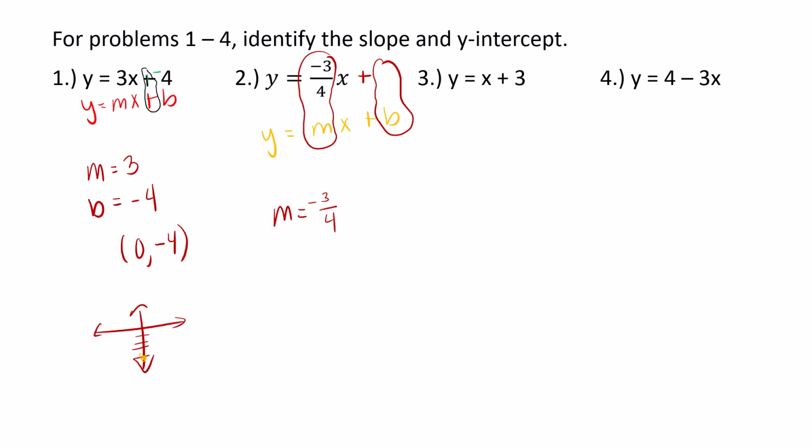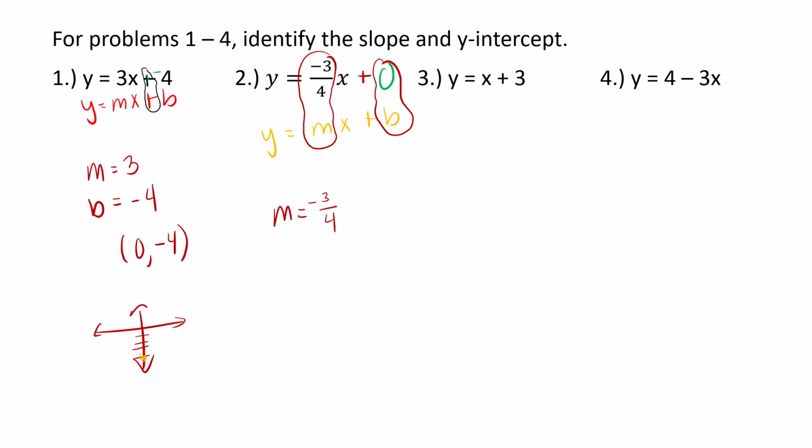The answer is 0. If you had -3/4 x plus 0, that would just be -3/4 x, and you wouldn't have to write the plus 0. It's not wrong to write it, but it's also not necessary.